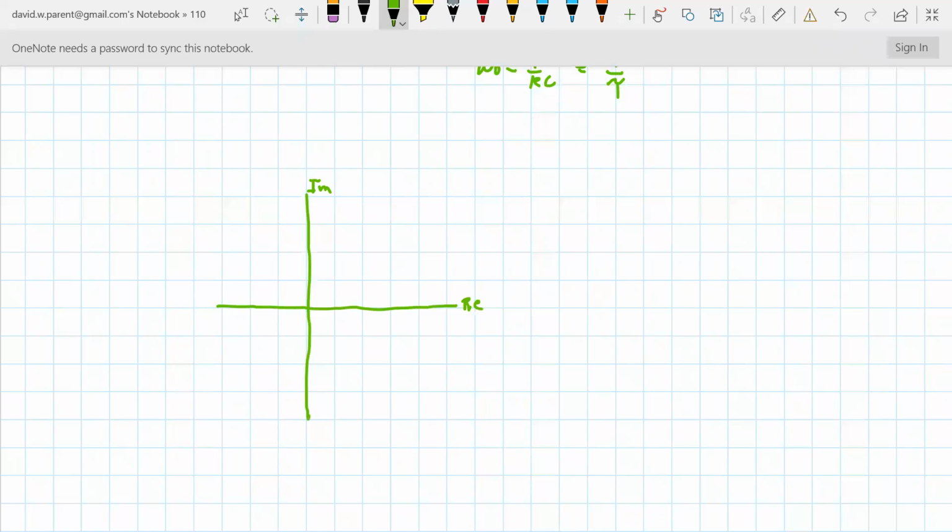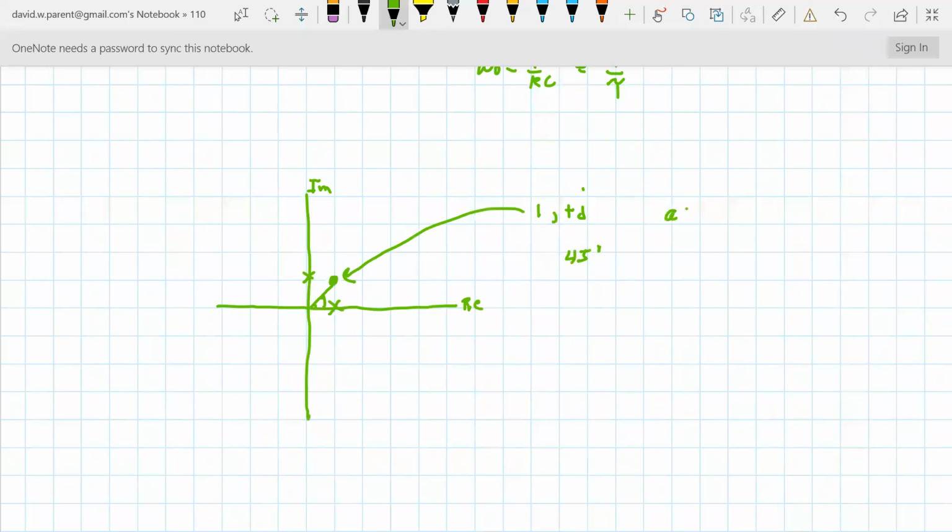And let's just plot a point. 1 plus j. So I go over 1, I go up 1. And so that's my point. And you can see that my angle would be 45 degrees, right?